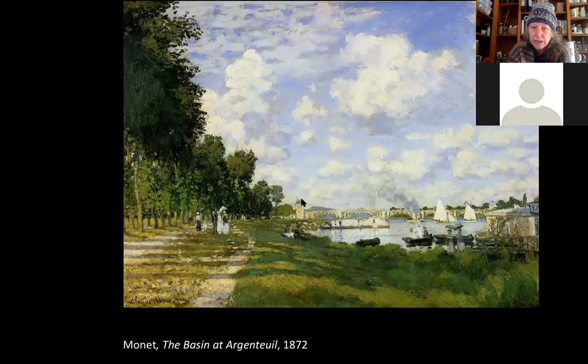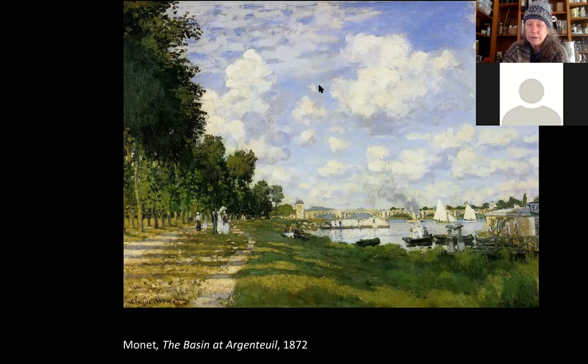So here's a classic Impressionist subject matter. Middle-class people out for a walk in the suburbs of Paris, which they could now reach by train in an hour or so. Sunday afternoon, they'd get on the train and ride out to the suburbs and just have a nice walk by the river, in this case, in the suburb called Argenteuil.